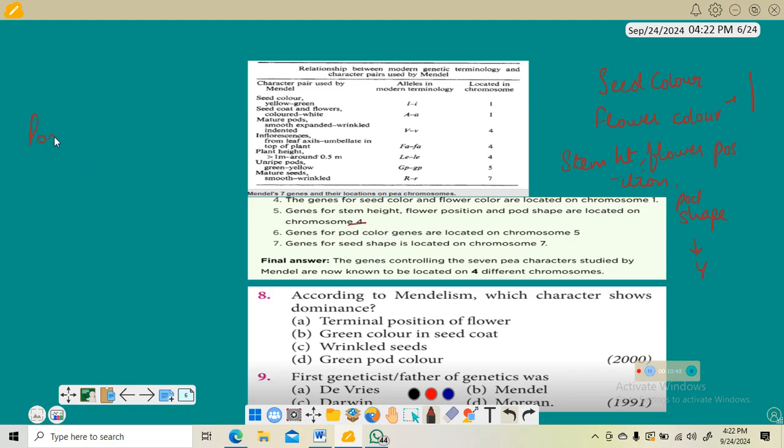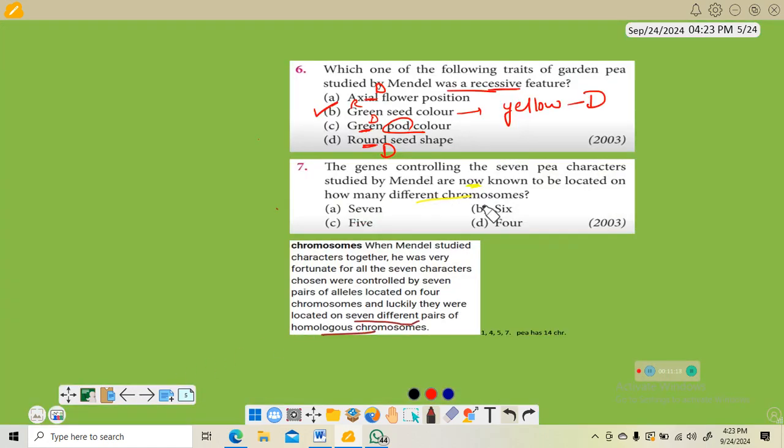Then pod color genes are located on chromosome 5, and seed shape on chromosome number 7. But now it's known that they are located on 4 different chromosomes. Hence the answer is 4.